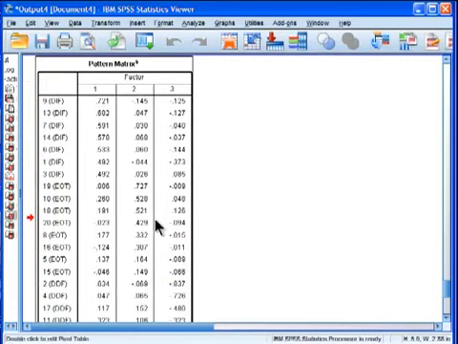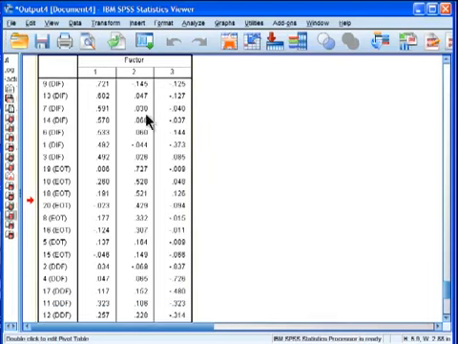Here's the pattern matrix. In my opinion, the pattern matrix, when you rotate, particularly obliquely, is the most important factor solution to interpret. In my opinion, it's always the most intelligible. And here we've gotten the first factor, the difficulty identifying feelings factor. Because I've sorted the factor loadings by size, we get a nice big series of factor loadings.